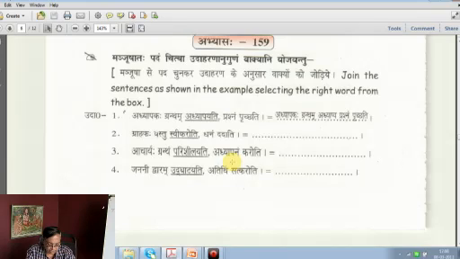Having examined, after examining. Fourth sentence, Janani dwaram udghatayati. Atithim satkaroti. Mother opens the door and welcomes the guest. Now, Janani dwaram udghatya. Having opened the door, mother welcomes the guest. That is the meaning. Udghatayati becomes udghatya.